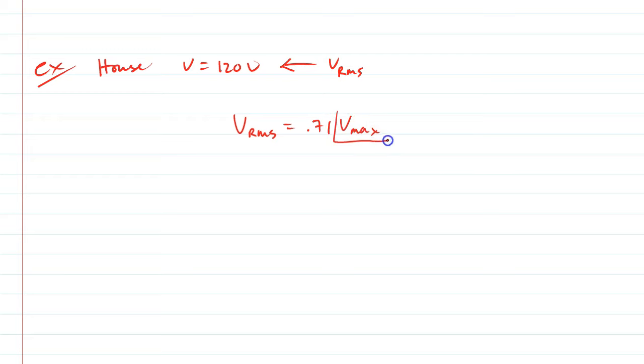Now I'm trying to find V max, and I'm going to put in 120 here. If I divide by 0.71 on both sides, the actual maximum voltage that you would see in the circuit is about 170 volts.